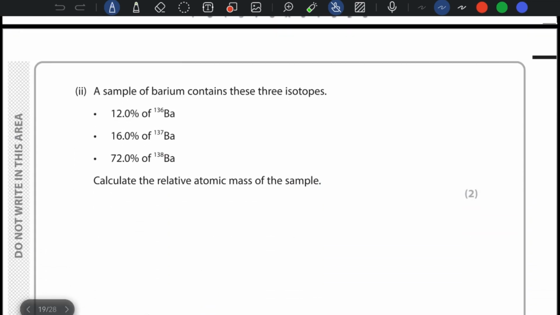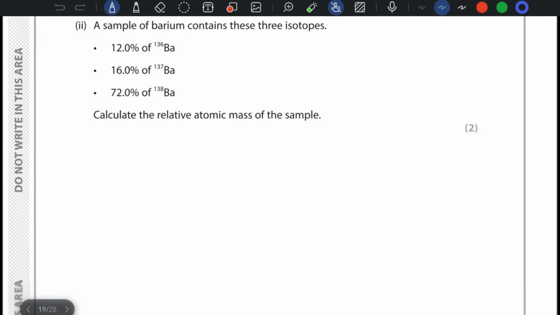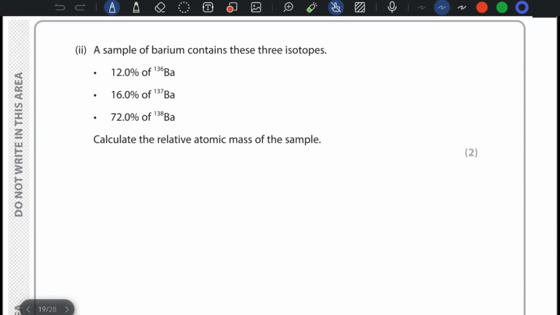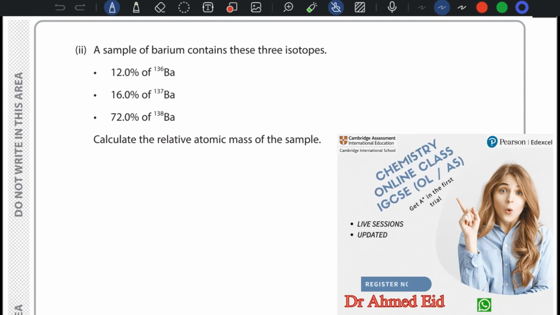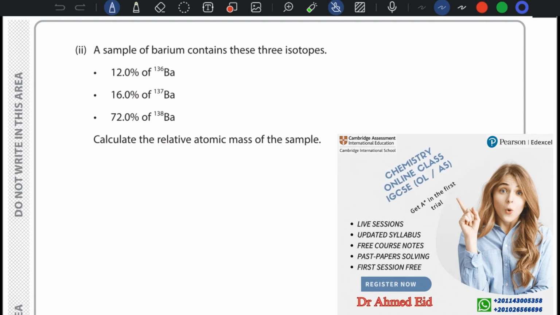Next one. A sample of barium contains these 3 isotopes. Calculate the relative atomic mass of this sample.